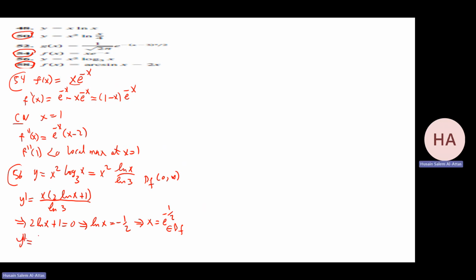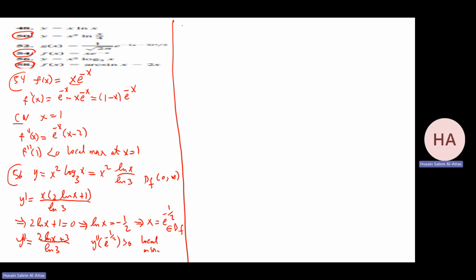If we do the calculations, you will get this, which is an easy one. Now check f double prime at this strange number. You'll get what? Minus 1 plus 3, positive. That will be positive. So you have a local minimum at this value.